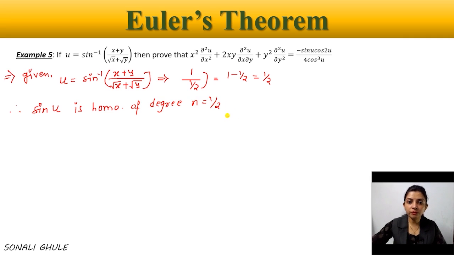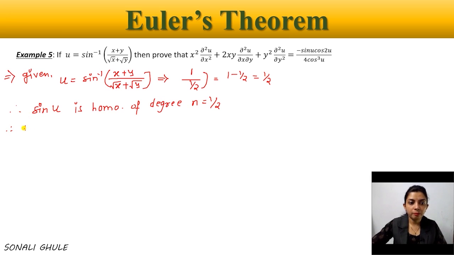So always remember, if you have a non-zero value and your function has any trigonometric or inverse or logarithmic function, then you have to transfer this function with u. And then that will be your homogeneous function of whatever degree you have. So here sine u is homogeneous means f of u is homogeneous, right?